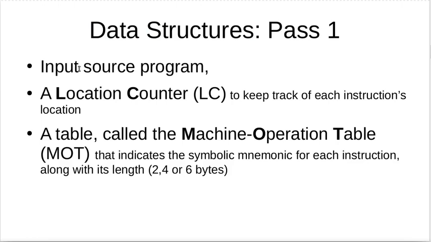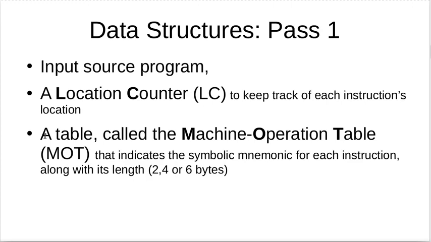The source program which is provided as input to the assembler is obviously in the assembly language itself. The second one is the location counter or the LC, which will keep track of each instruction's location. This we already know from previous lectures.